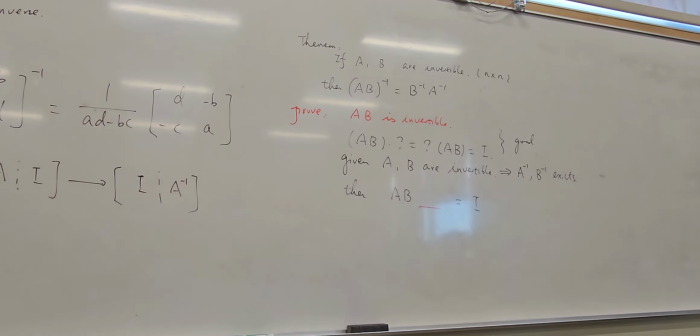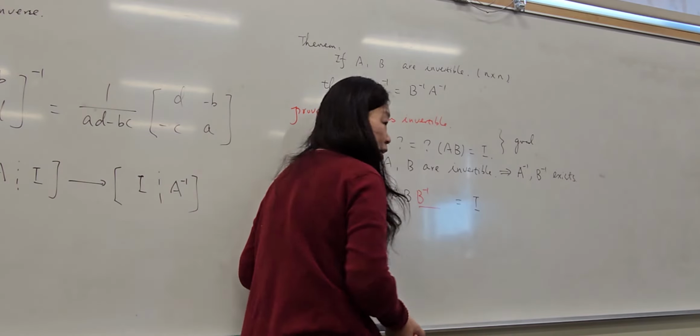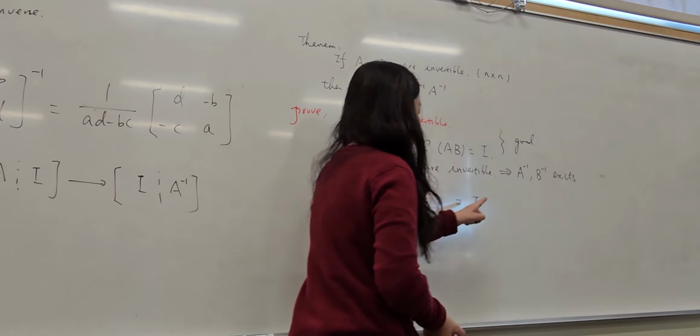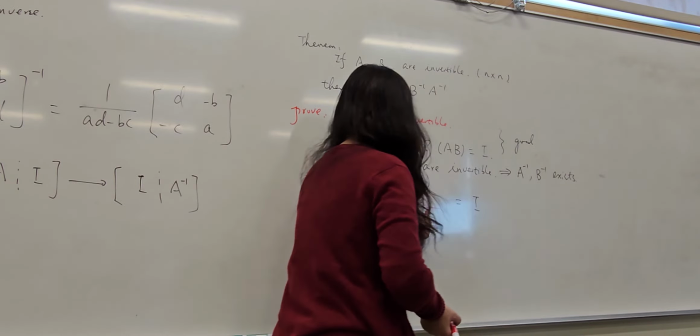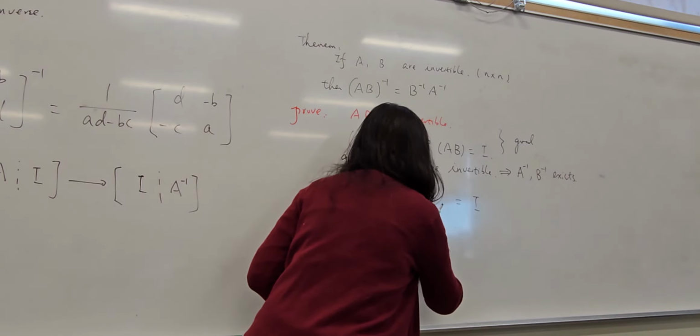You can use the definition: if they're invertible, they multiply to equal I. So some students say I could put B inverse here, because it exists. So these two become I.